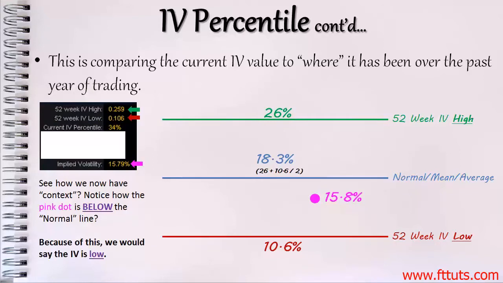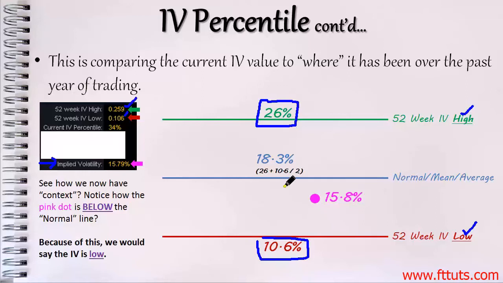Let's take another look at an example from a real stock. We'll go through it again. The 52-week high of the implied volatility is at 26% right there. The 52-week low of the implied volatility is right there at 10.6%. High, low, very straightforward. Now what's our implied volatility? Let me take a step back.